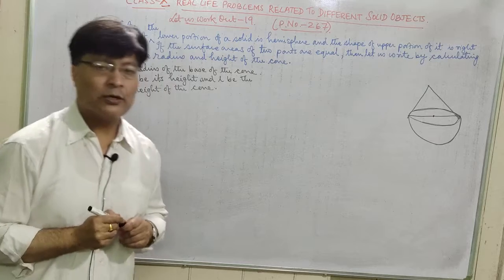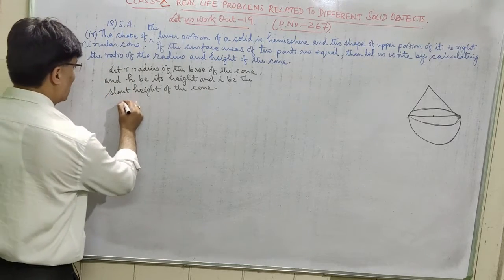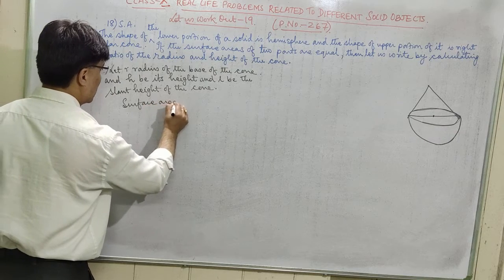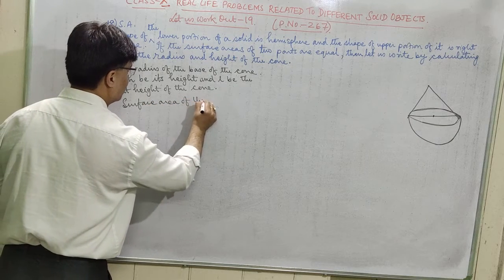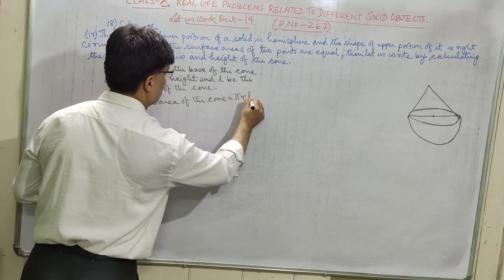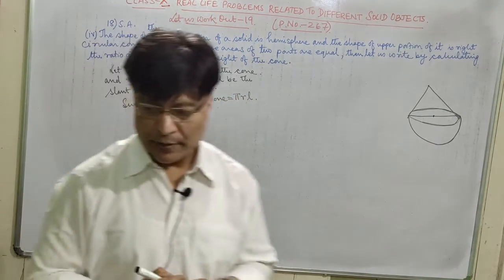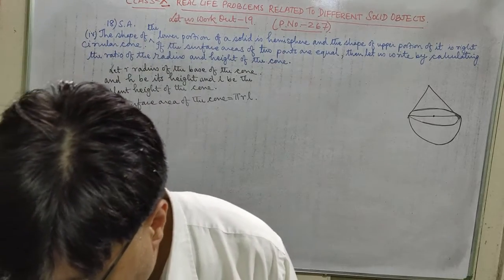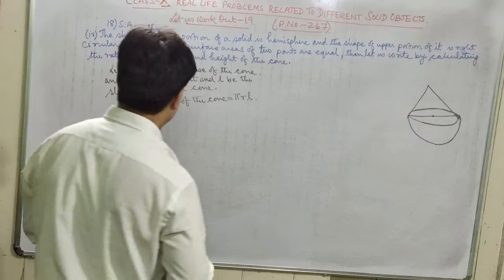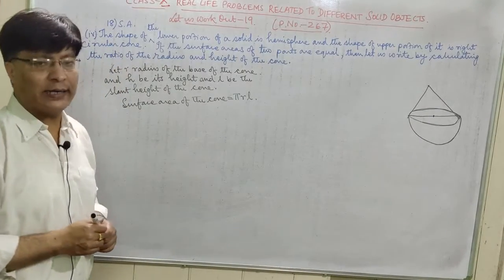Is that clear? So what is the surface area of the cone? It is pi R L. So the surface area of the cone is equal to pi R L.